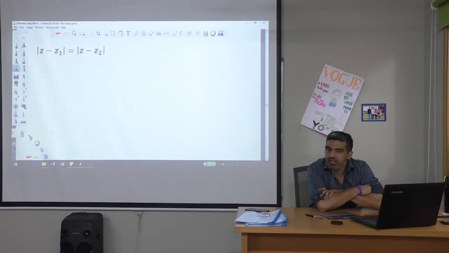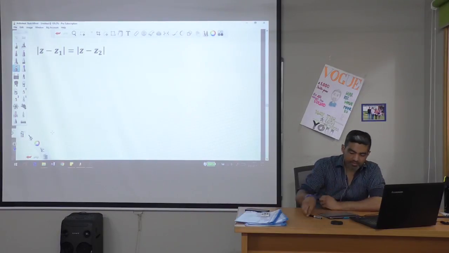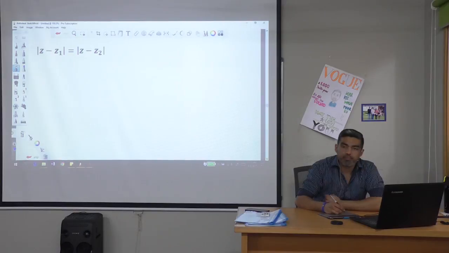Okay, so this is the third locus that we're discussing, and again, let's understand what it means. You don't have to rote learn it. Z minus Z1. What does Z minus Z1 mean?